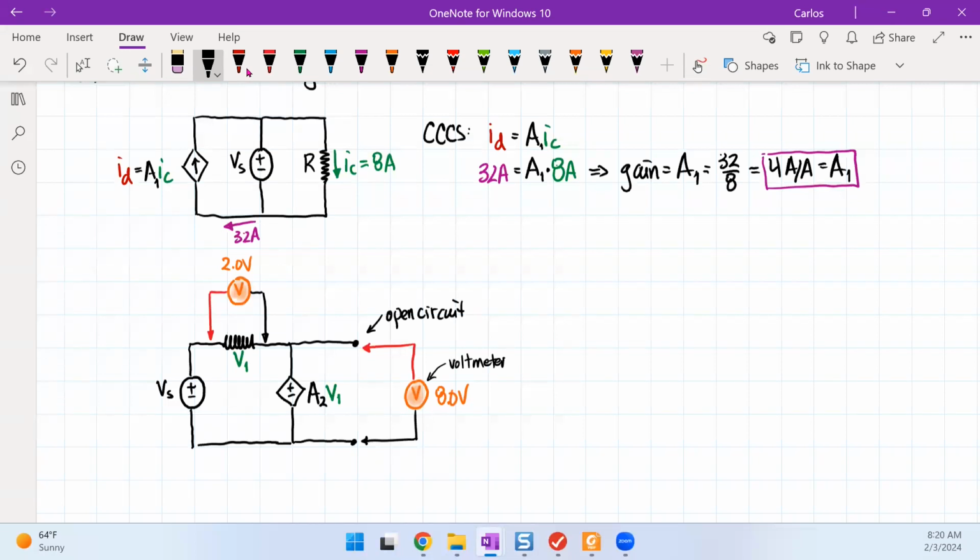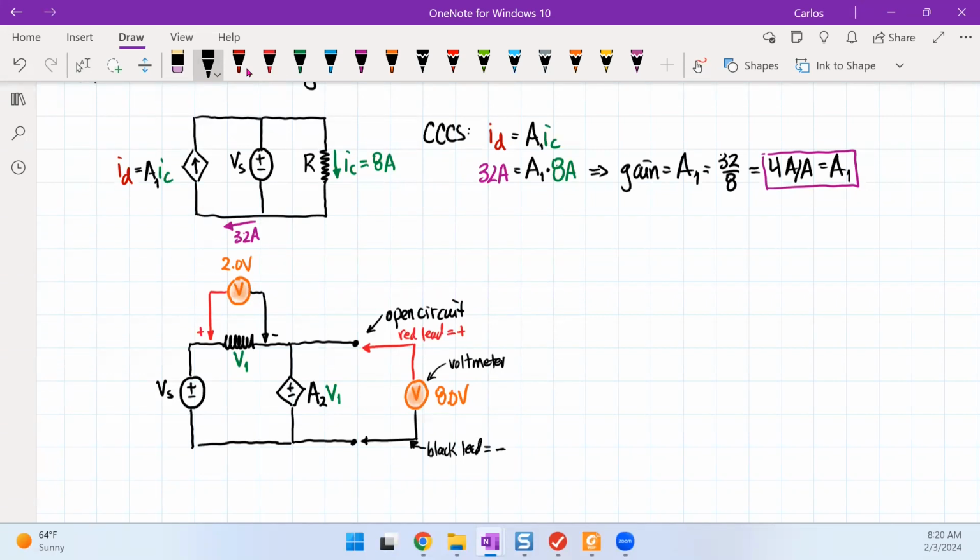And just to be careful here, this is my red lead, and this is my black lead. Typically when we say it's a black lead, that has a minus sign. And of course, this has a plus sign. So we're looking at symbols on these leads that look like that.